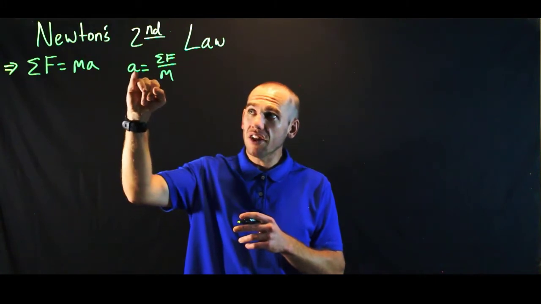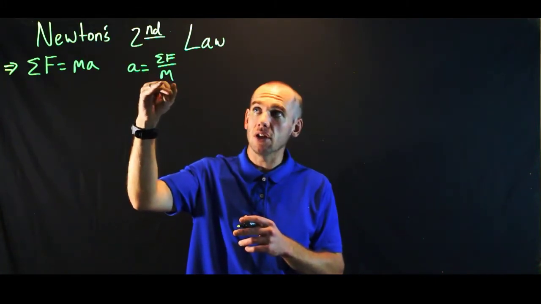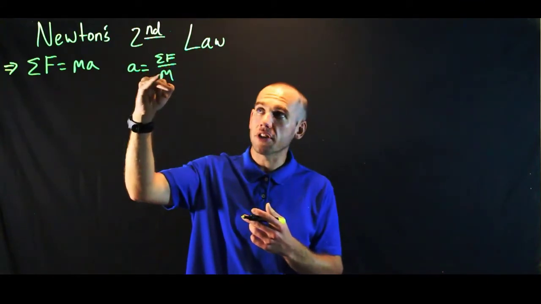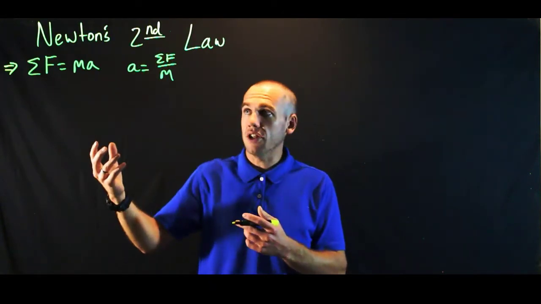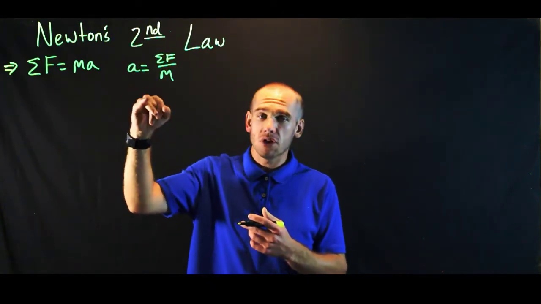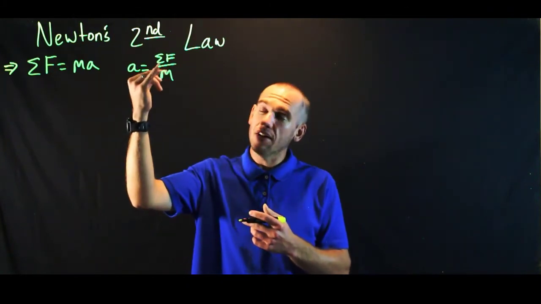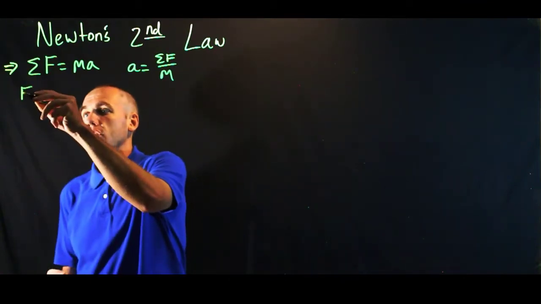So acceleration is inversely proportional to mass because mass resists acceleration, but forces are what cause acceleration, so it's directly proportional to force. So as the net force acting on an object gets bigger, so does its acceleration. So mass measures inertia, inertia resists acceleration, force is how big the push or pull is, and a net force causes an acceleration.